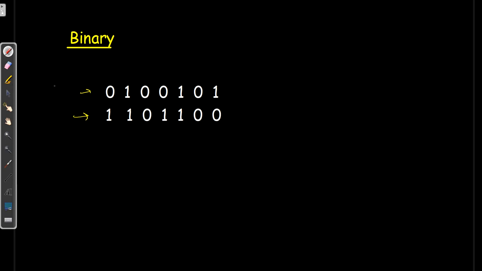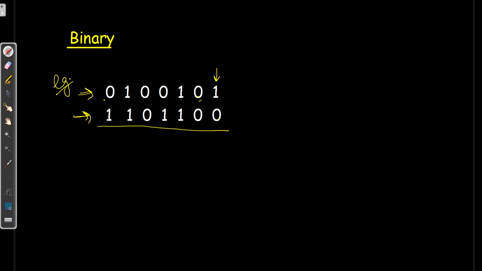So coming to this example, we have both the binary strings of the same length. Now if we look here, we will start with the least significant bit. 1 and 0 are different. Coming to the second, 0, 0 are the same.